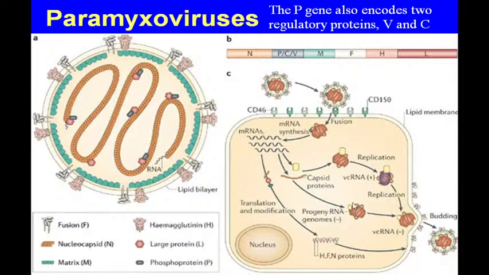Then these nucleocapsids, we call them nucleocapsids because the RNA is tightly fixed with the nucleoprotein and also the polymerase complex proteins. So these nucleocapsids can be taken towards the cellular membrane, and the membrane in turn will be covered from inside with M protein.